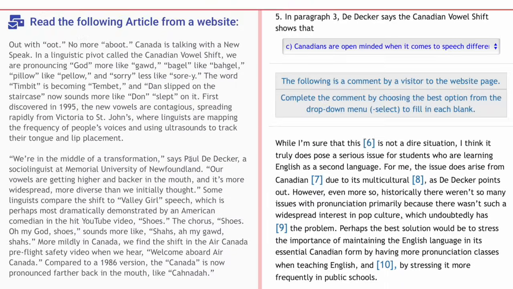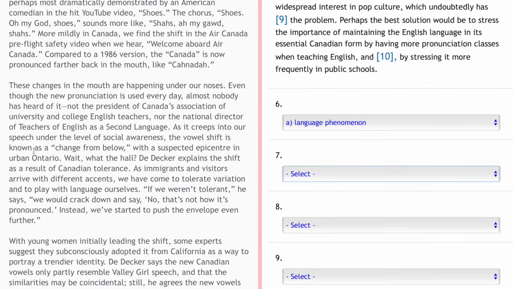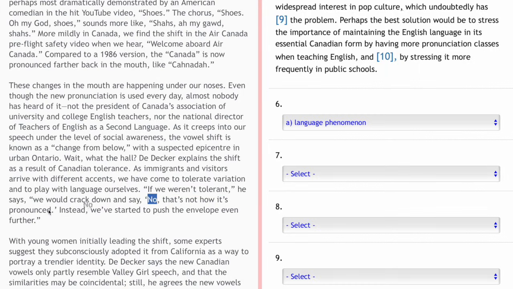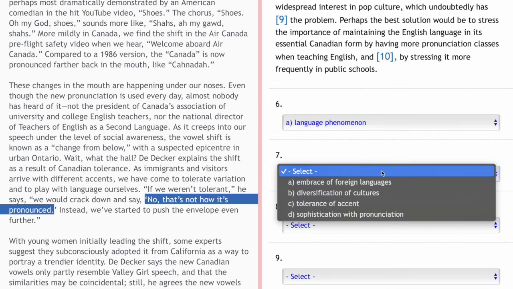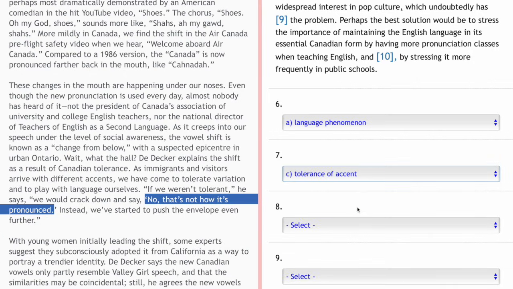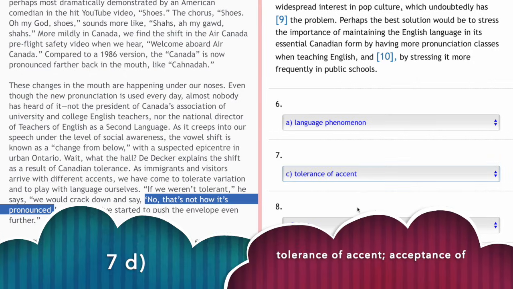Well, he talked about it in this paragraph, right? He said that we have tolerance of, well, pronunciation. If we weren't tolerant, he says, we would crack down and say, no, that's not how it's pronounced. It's not pronounced like that. So that one, not foreign languages, not cultures, and not sophistication. Sophistication means we would try to pronounce. So tolerance of accent, which is similar to pronunciation, okay?